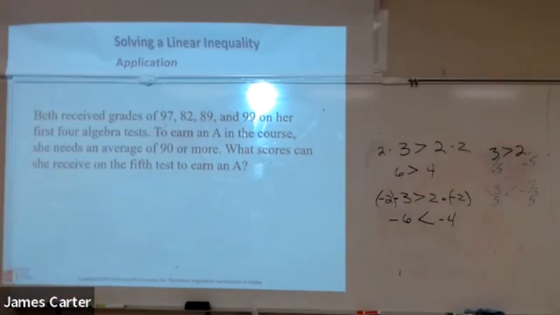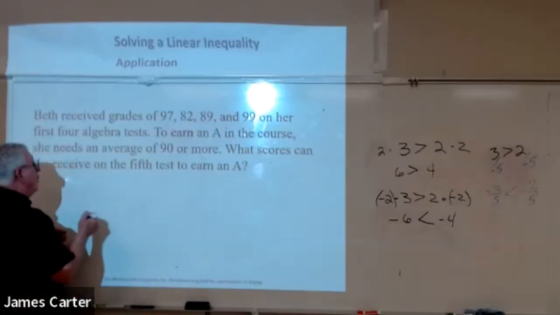Seriously. Except we've got some weightings, and we'll talk about weighted values later. But anyway, she has these 4 scores. To have an A in the course, she has to have a 90 or more. Just like my class. What score does she need on the 5th test to earn an A?